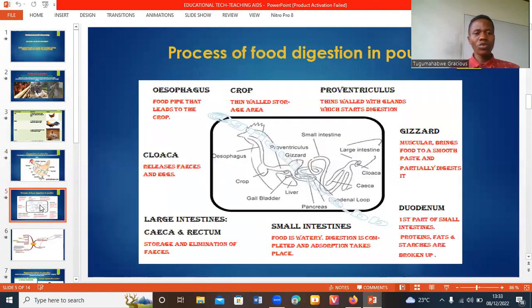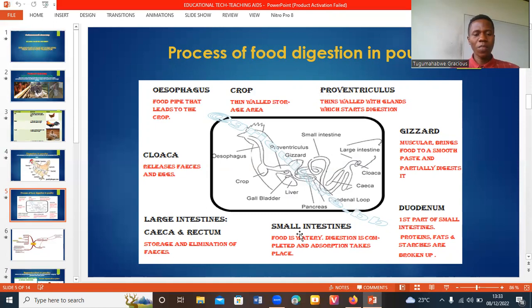We go to, when you're talking about the process of food digestion in poultry, at least you can use a mind map. This is a diagram inside, but this diagram is being defined within these words.